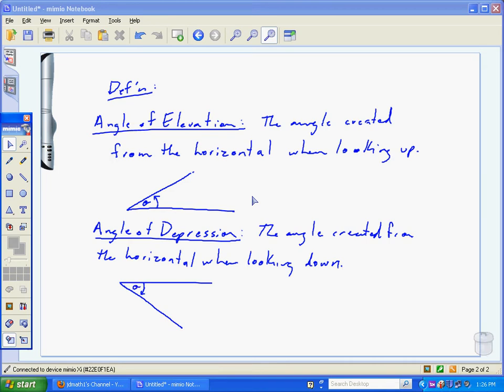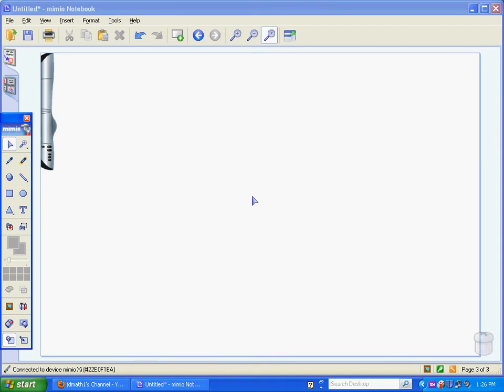Now, what's unique about these two pictures is that, if I just erase the board here, I know it looks like it's erased on your end, but it's really not. I'm going to draw a picture and show you a situation. Let's draw a helicopter here. Oh, look at my fancy helicopter.